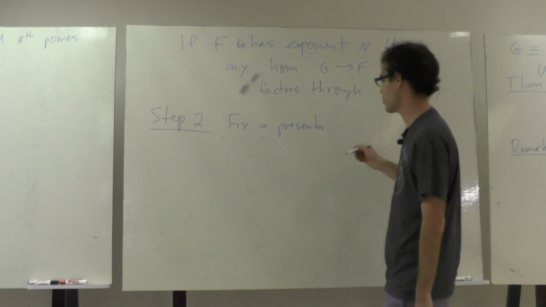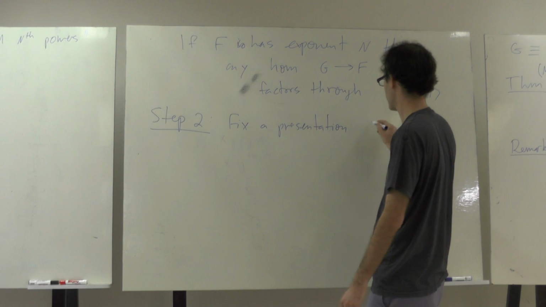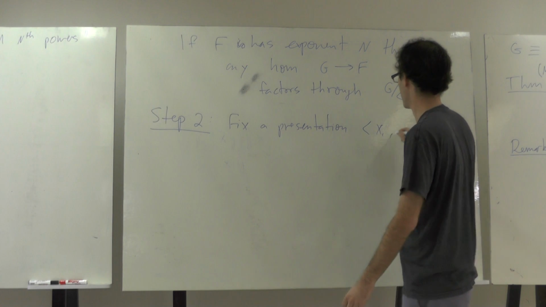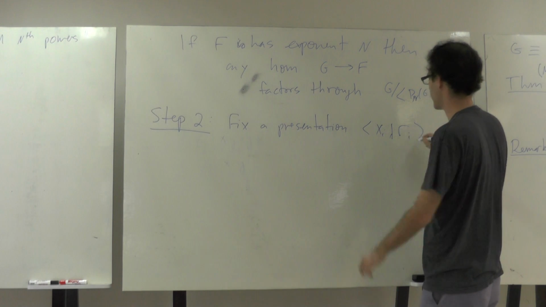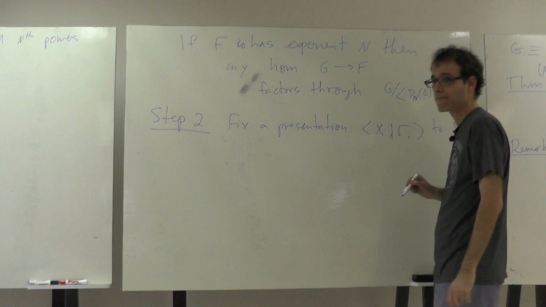So fix a presentation. Generators xi with relations Rj. Okay, these are generators, these are relations for gamma.